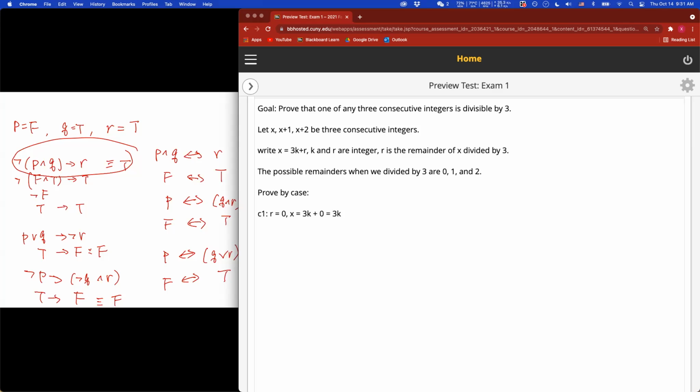Now if x equals 3k, what do we know? x is divisible by 3. Right, which means we found one of the three consecutive integers is divisible by 3. Now case 2, we have r equals 1.